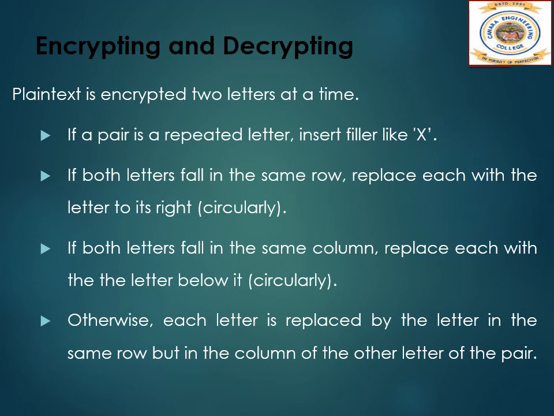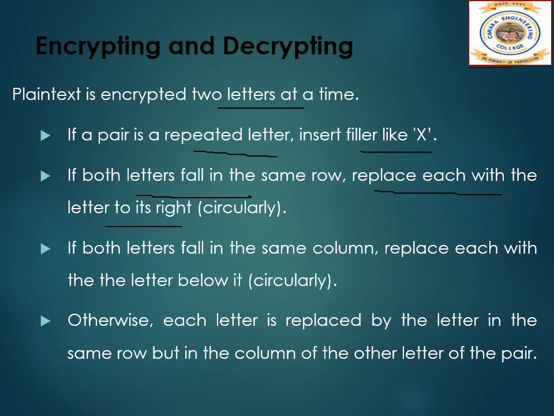Let us summarize the steps involved in the encryption and decryption of the Playfair cipher. Plain text is encrypted two letters at a time. We have to group it as a pair. If a pair is a repeated letter, insert a letter like X. If both letters fall in the same row, replace each with the letter to its right, circularly.